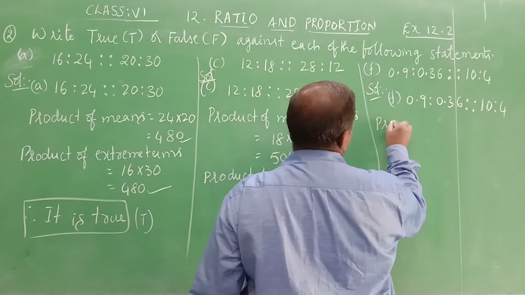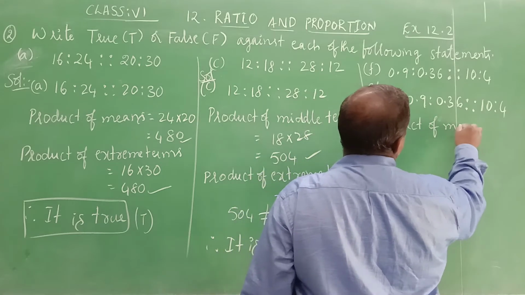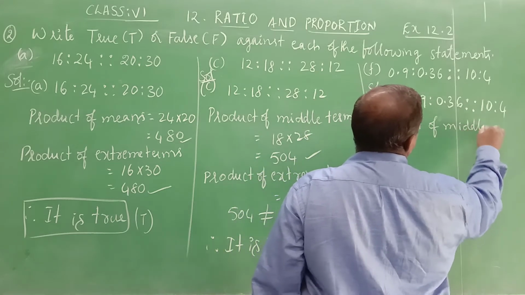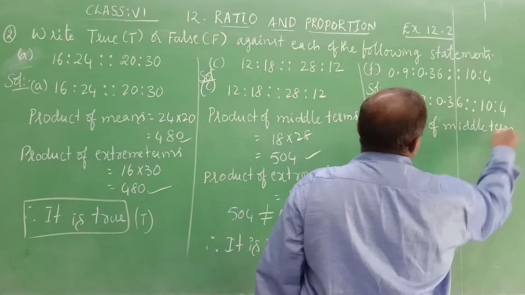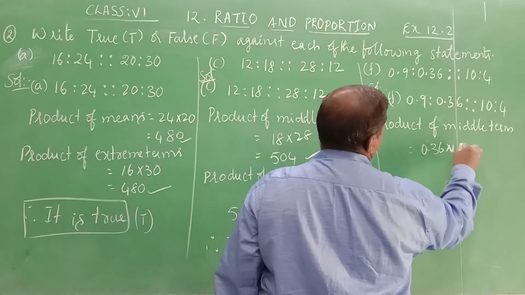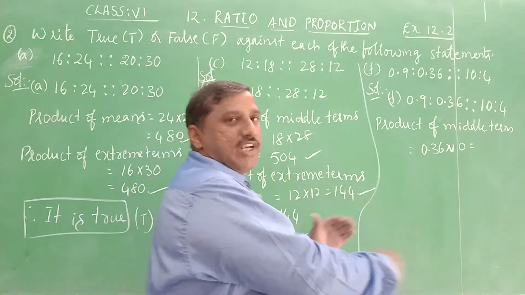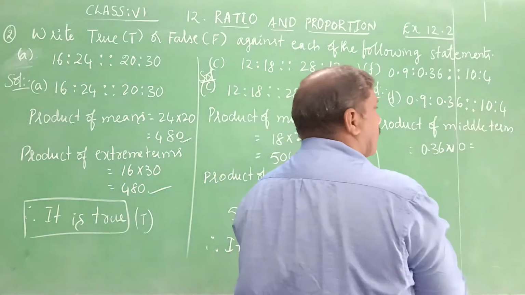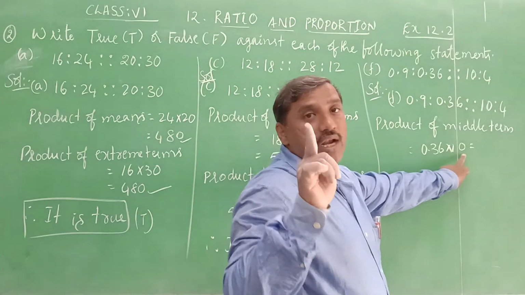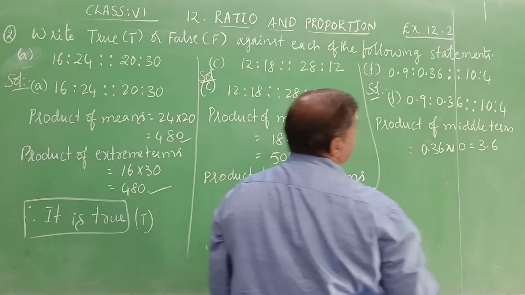Product of middle terms is 0.36 into 10. How much do you get? When you multiply with 10, the decimal point will shift one digit from left to right, as it has only one 0. Therefore, it is 3.6.